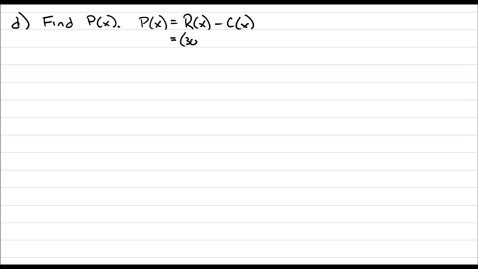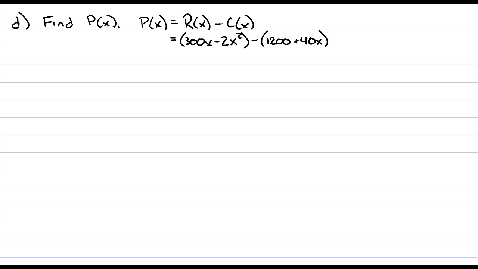Now in part D, we're asked to find the profit function P of x. Again, we did this once before. The function P of x is revenue minus cost, or revenue is 300x minus 2x squared, minus our cost, which is 1200 plus 40x.